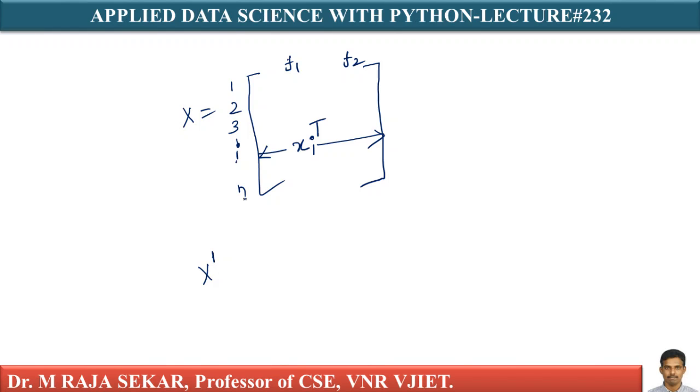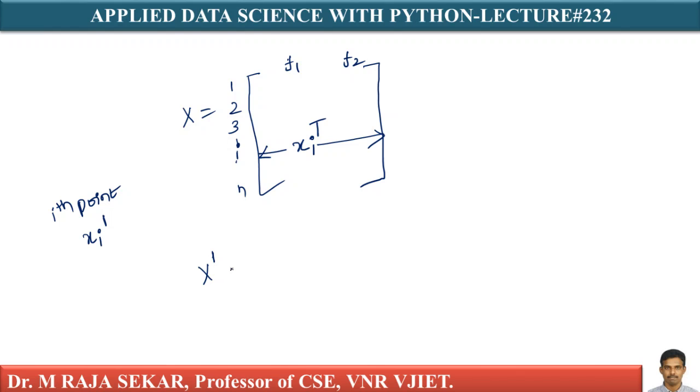I have n points here, and my ith point is xi dash, which is only one dimensional.